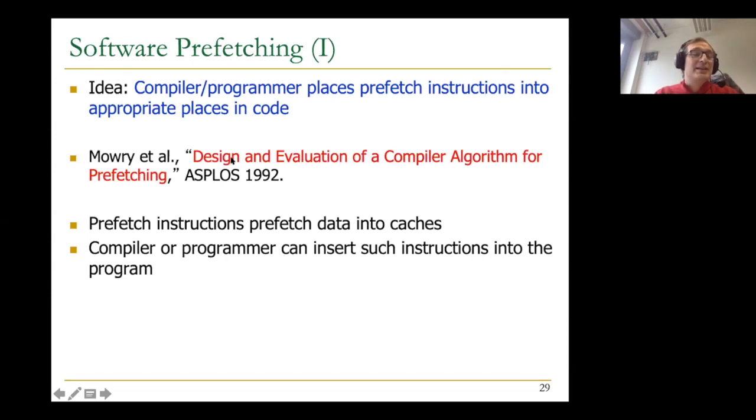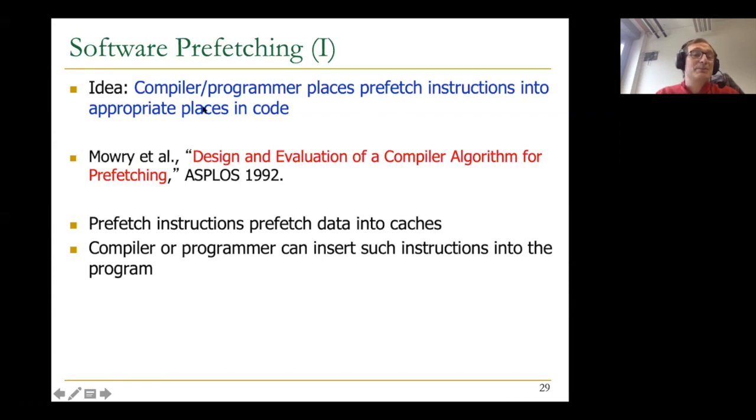But later, Todd Mowry did his PhD thesis on prefetching, also software prefetching, and basically this is a seminal paper that he published showing that you can design a compiler algorithm that can effectively reduce latencies experienced by the processor by using prefetch instructions.